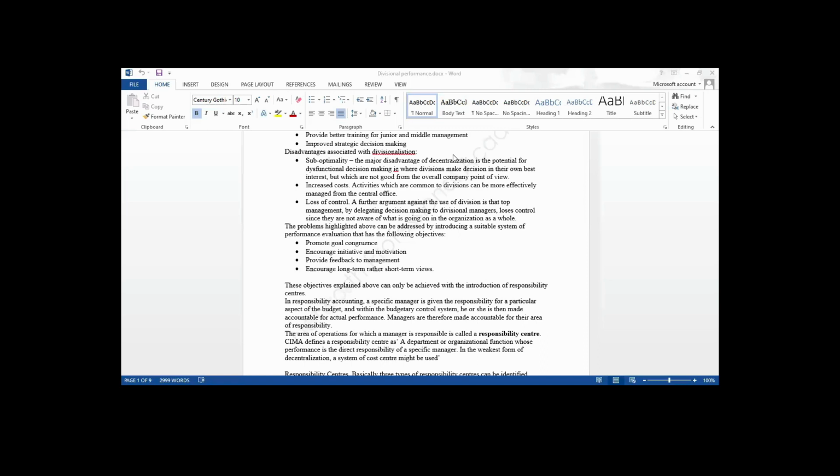So, performance evaluation is to promote goal congruence. Number 2, performance evaluation must encourage initiative. It must not discourage motivation.